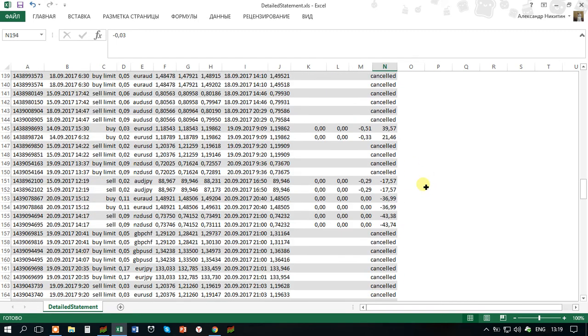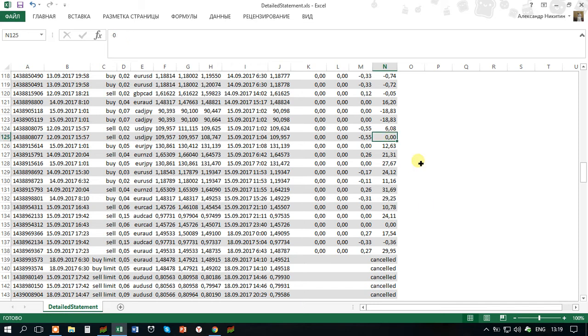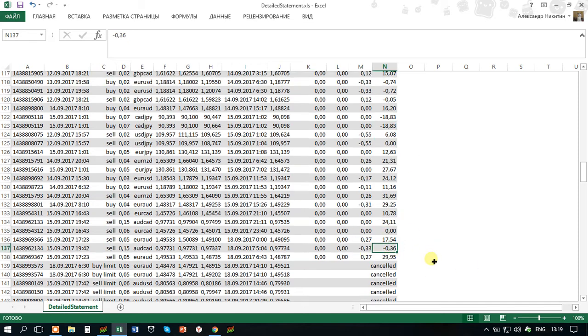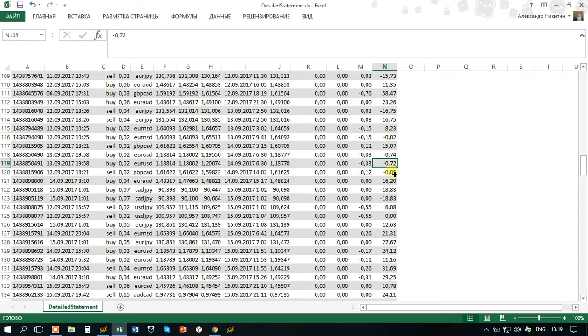So sometimes I am exactly 0, sometimes I am minus something, minus 5, minus 2, the slippage, and sometimes I have commissions. They are swap commissions. The swap commission is actually the fee that my broker takes from me because I am leaving the position overnight, and this fee is calculated as the difference of interest rates between the 2 currencies that make up the pair.